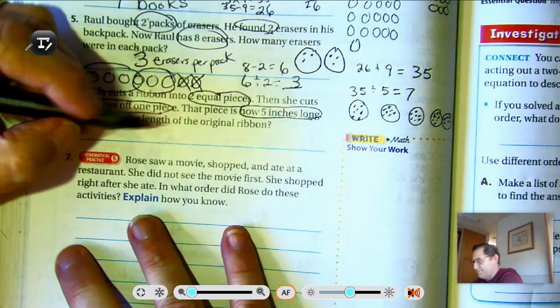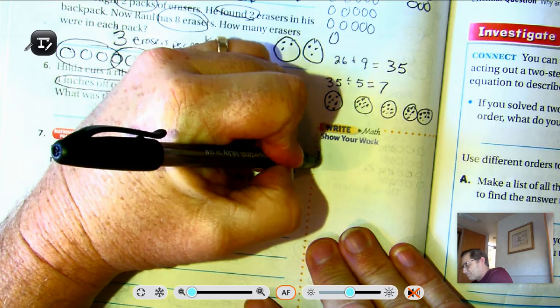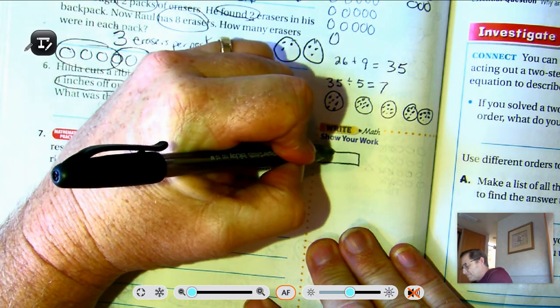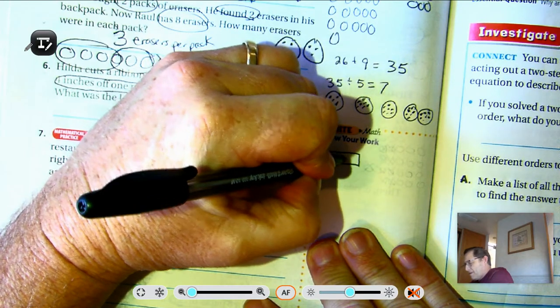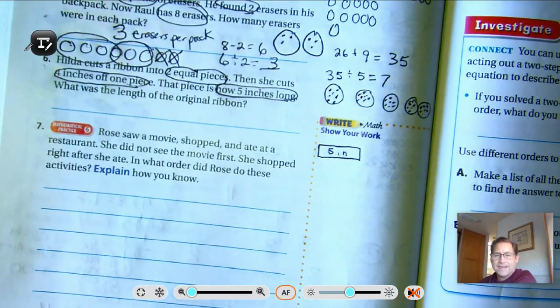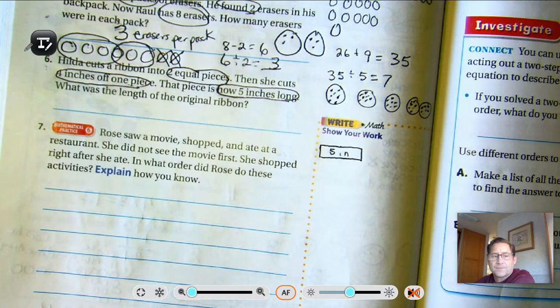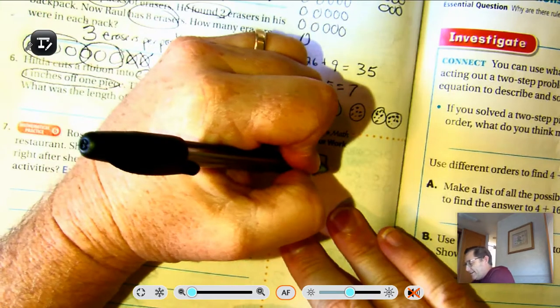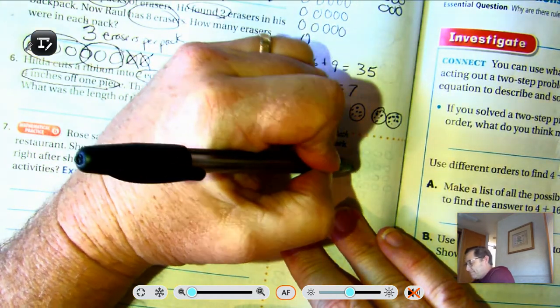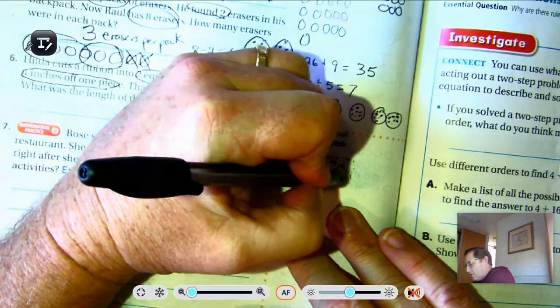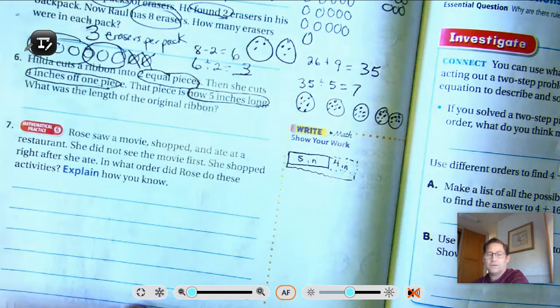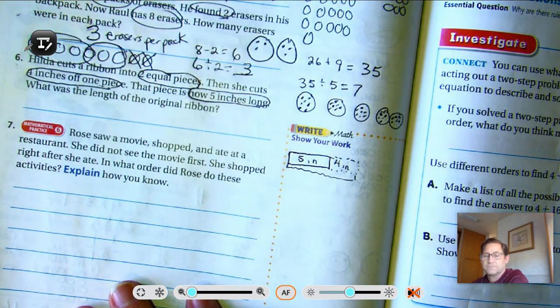Well, let's draw a picture. So that's her piece of ribbon right now. That's one of the pieces. But that was after removing 4 inches. So how long was the ribbon originally?